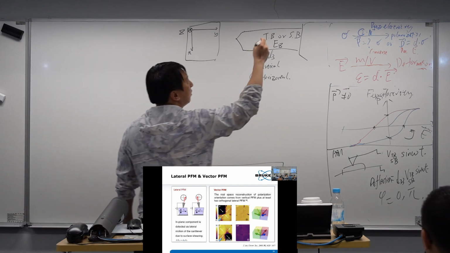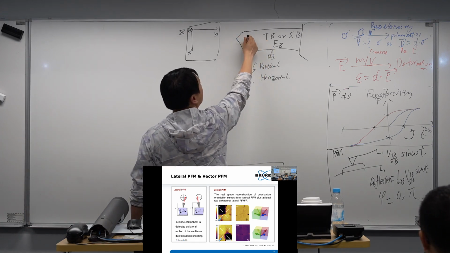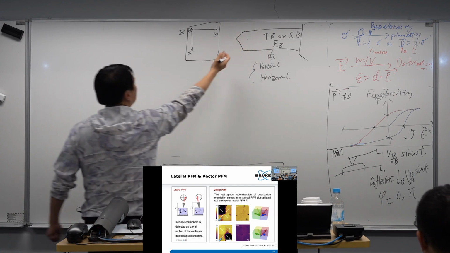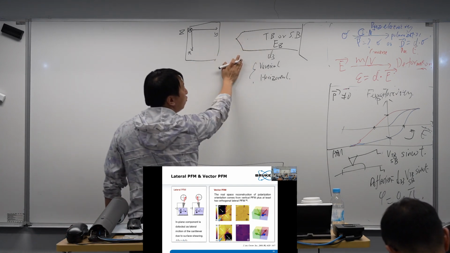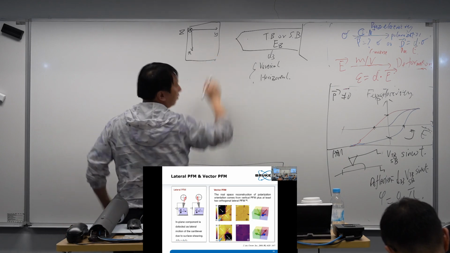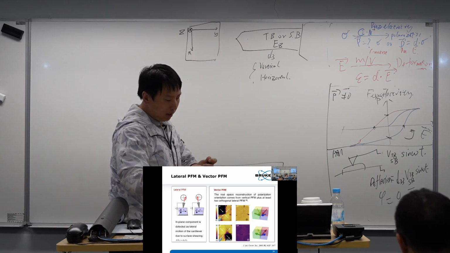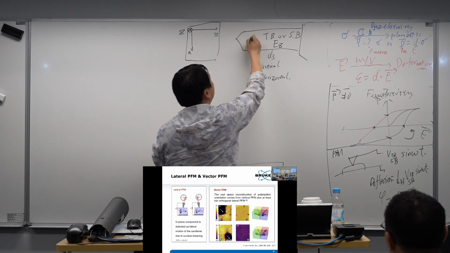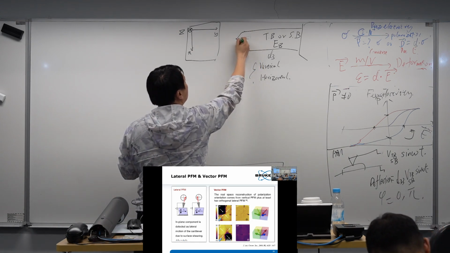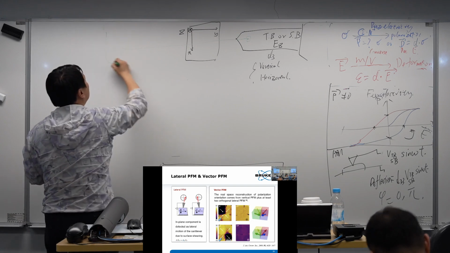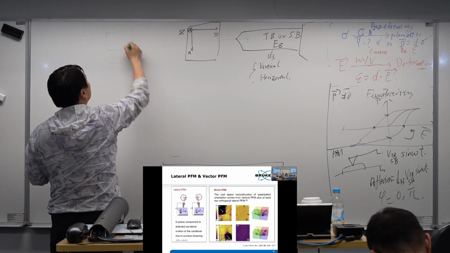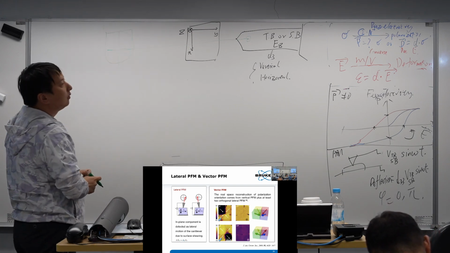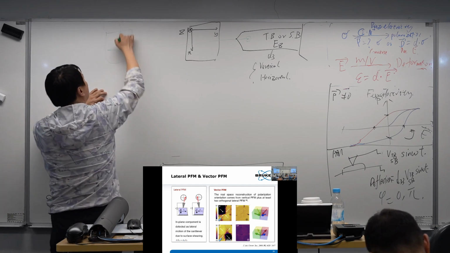So let's consider we shine the laser on these probes, and then the laser will be reflected by the probes. I draw a green line here. So the laser is shown here, and the reflected laser in here. That's my detector.